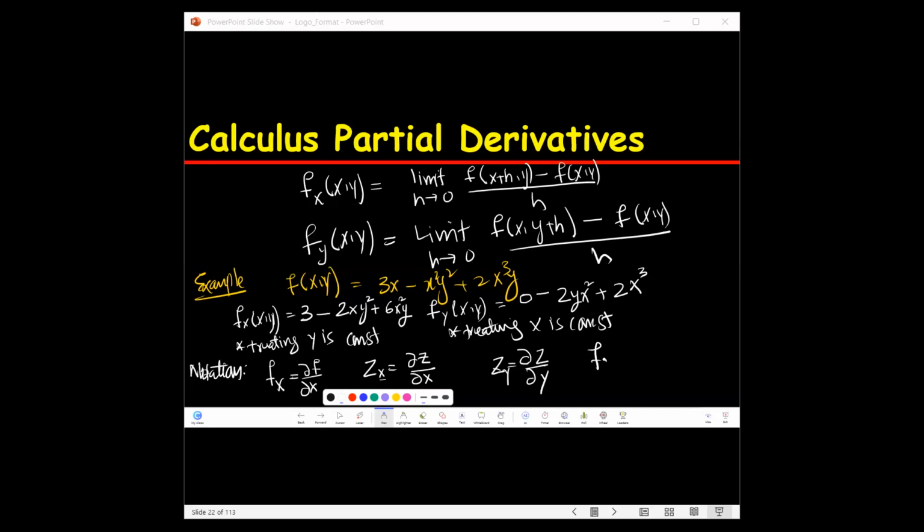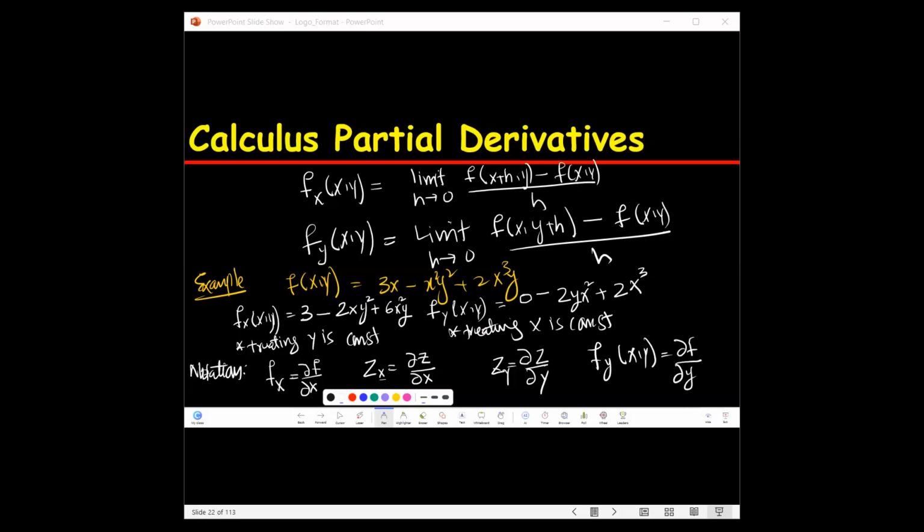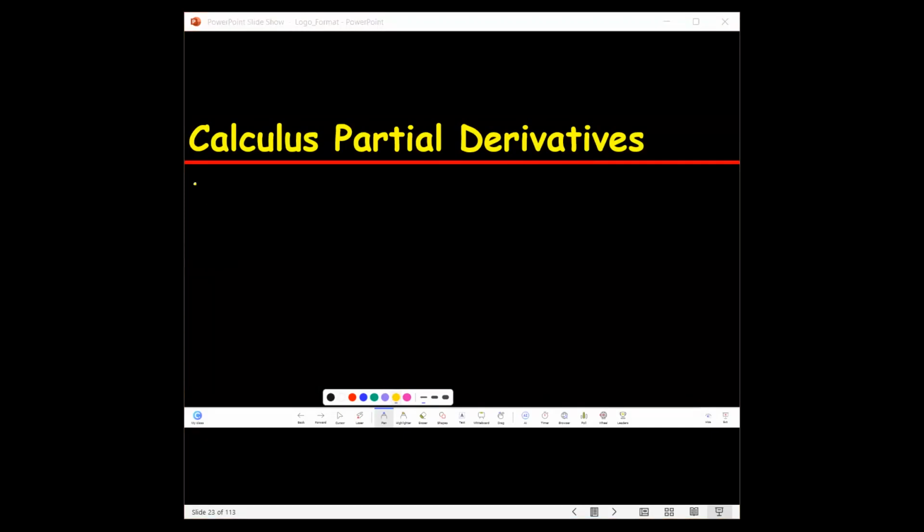If it's written like this, I'm going to write like this. These are the ways you write the partial derivative notations.